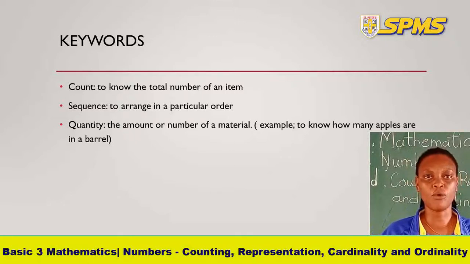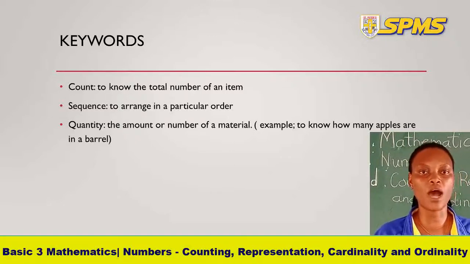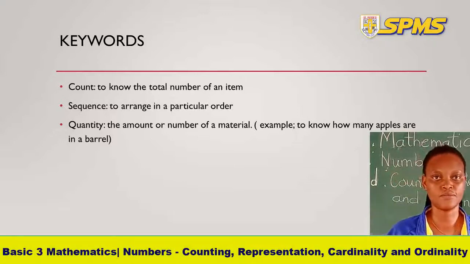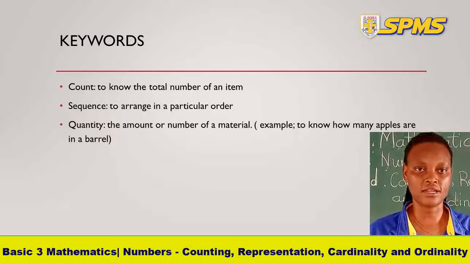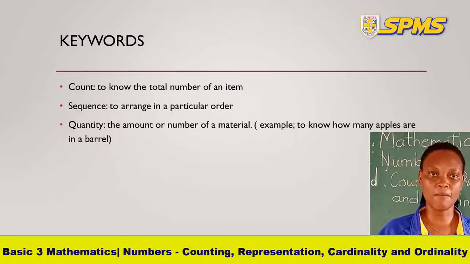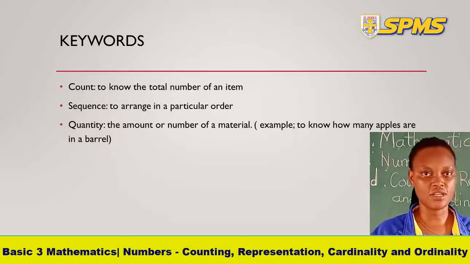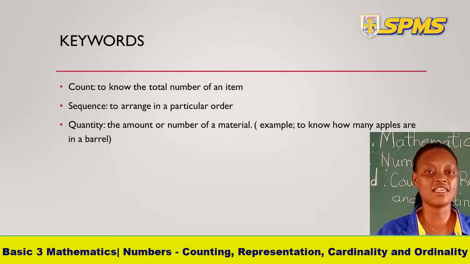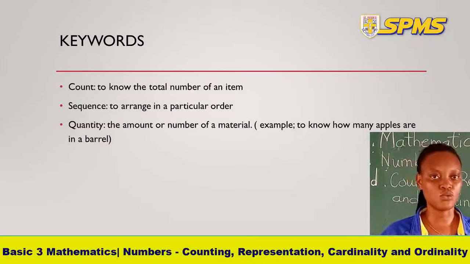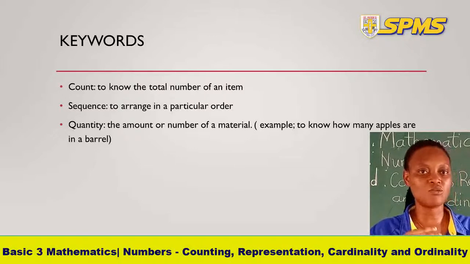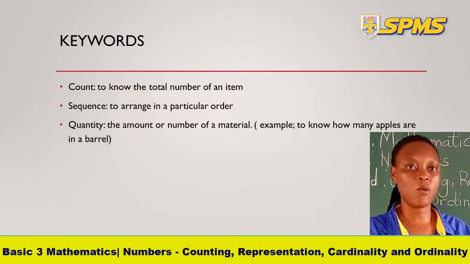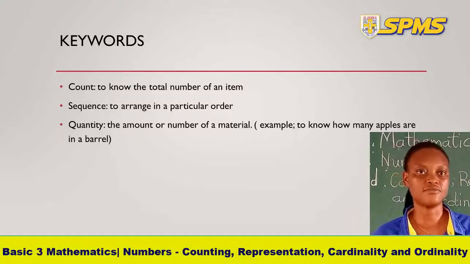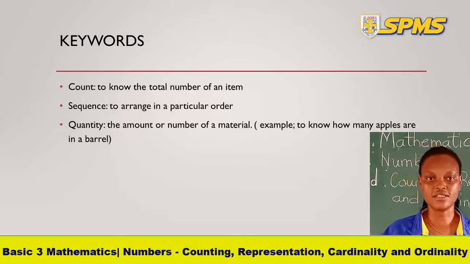For example, you want to count from 1 to 10. The first number is what? 1. The second number, you don't say 3 or you don't say 5. The second number is what? 2. So that is in what? Order. It follows a particular order. You are counting from 1 to 9. Okay, let us move on.